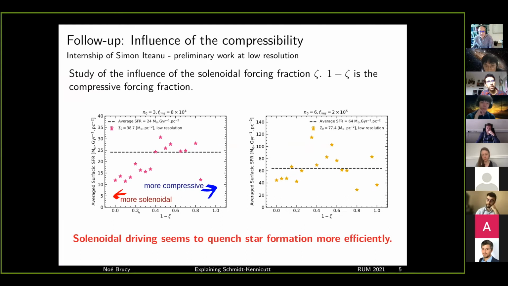So I think for this run, the solenoidal fraction is 75%, and that's something that is also found in galactic scale simulations. But that's also something we want to have a better constraint on. For now, it's mainly solenoidal turbulence, but we can also have more compressive ones.